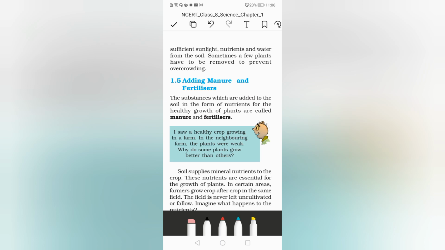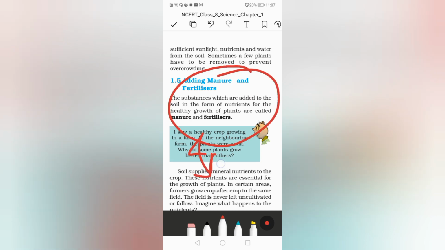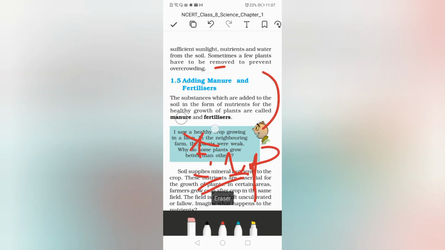Adding manure and fertilizers. The substances which are added to the soil in the form of nutrients for the healthy growth of plants are called manure and fertilizers. This paragraph is very important because this is the definition of manure and fertilizers, so please learn that.